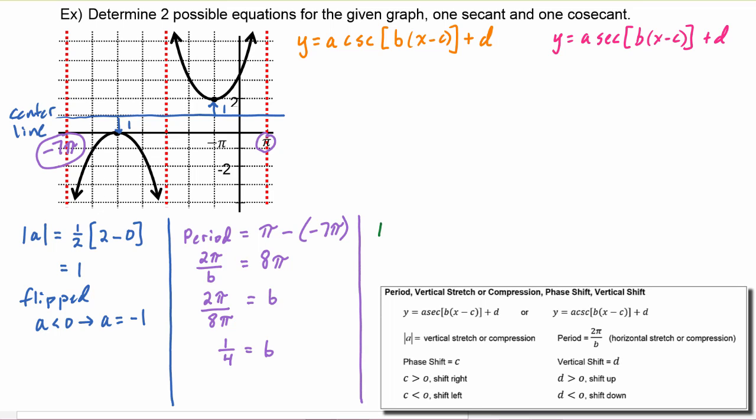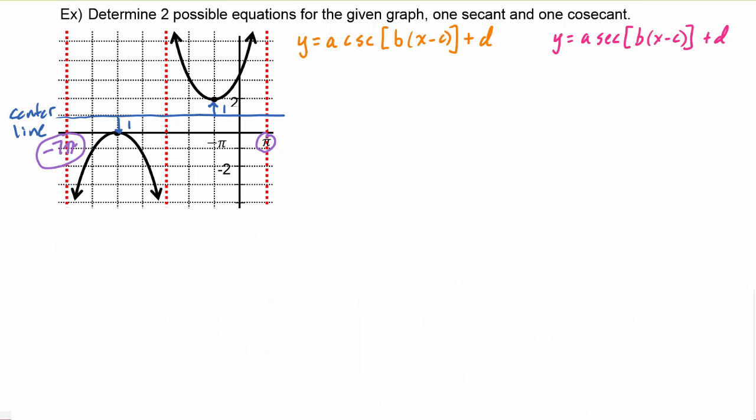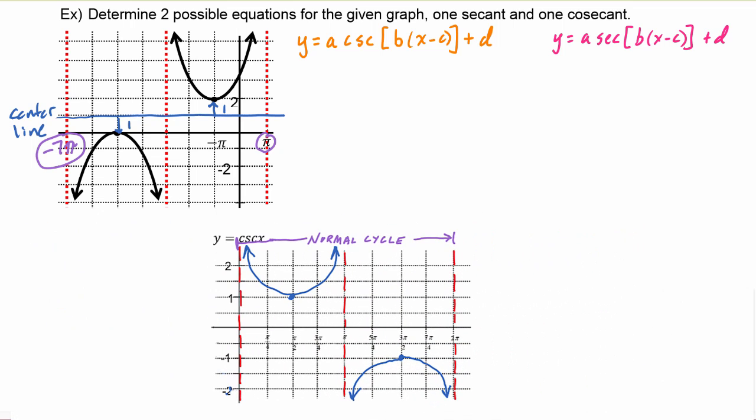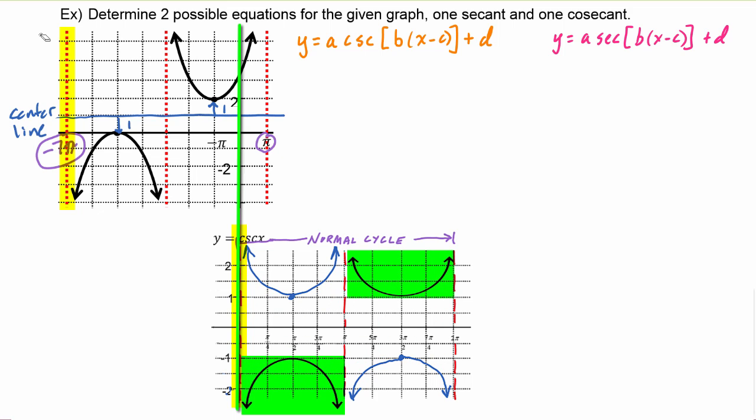Next, we'll look at phase shift. And we'll start with our cosecant function. If we look at the unaltered graph of cosecant, we know that at the y-axis, we expect to see the first vertical asymptote of the function. Now remember, this function has been flipped over, so when you're thinking of the first vertical asymptote, this is still the first vertical asymptote.